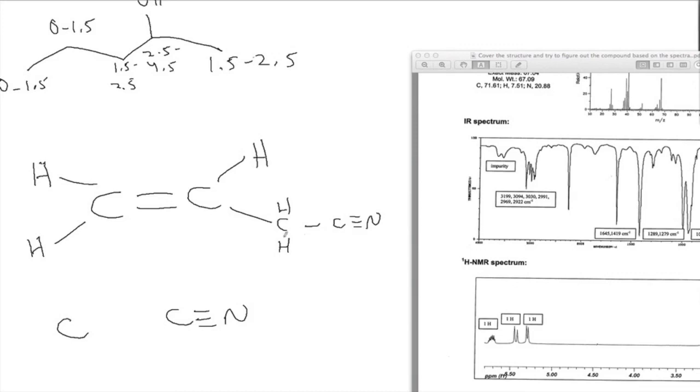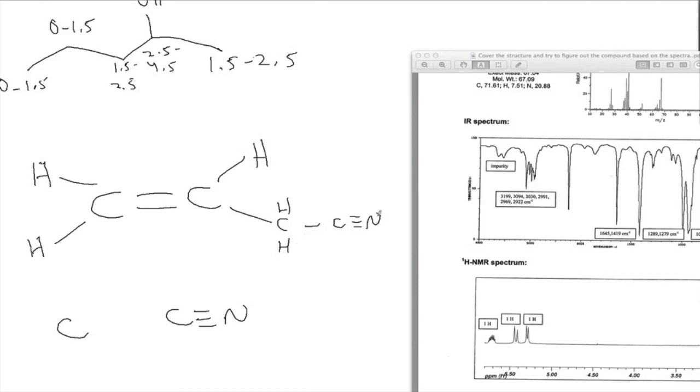No, that's not directly connected to an alkene though. It's connected to an alkene by a carbon. I was gonna say 2.5 because it's connected to a double bond. No, it's connected to the carbon, which is connected to a double bond. So I was gonna say 2.5-ish. Okay, I guess between 2.5 and 4.